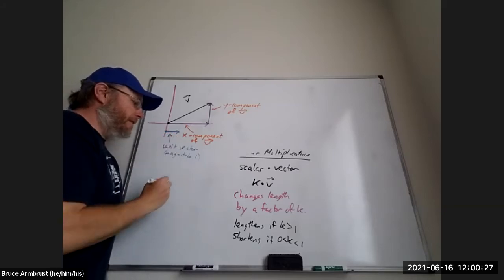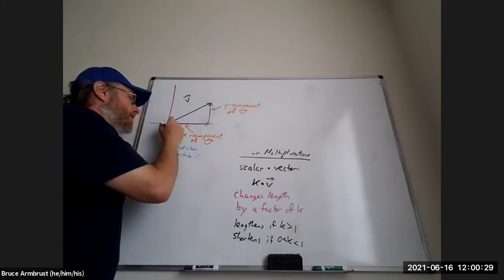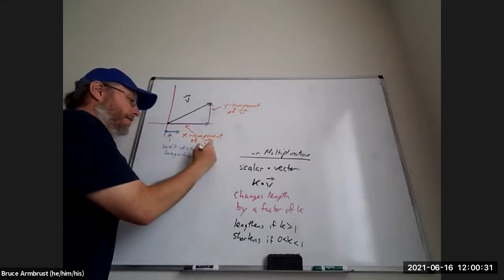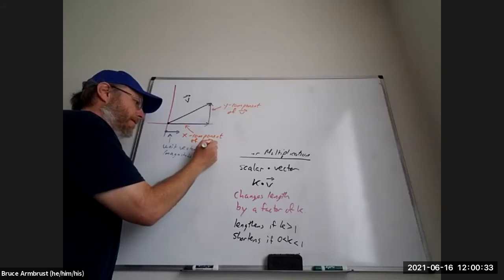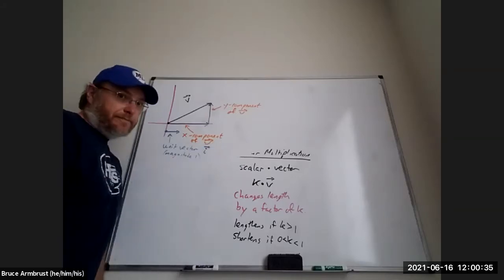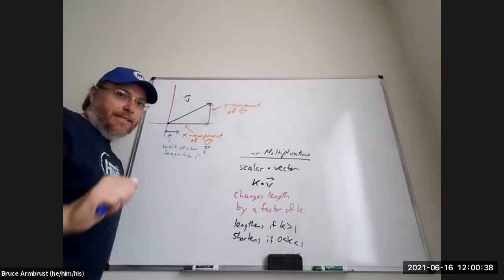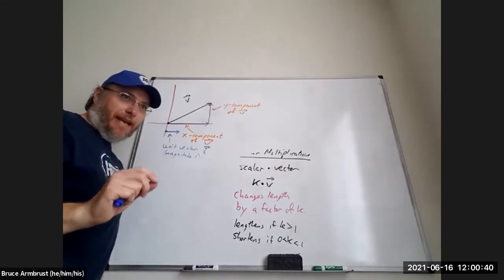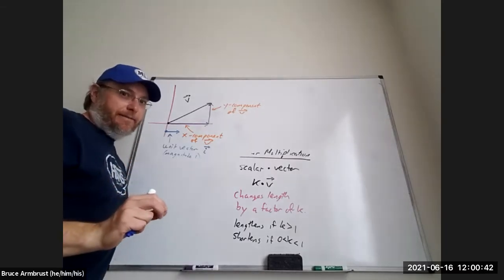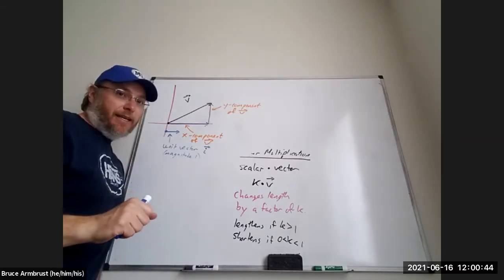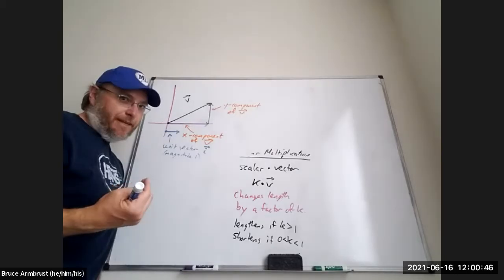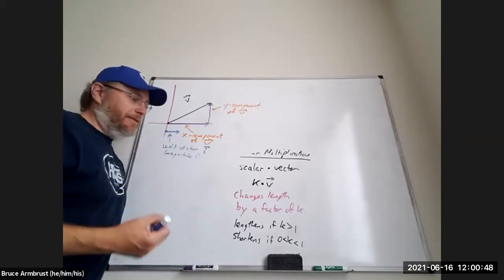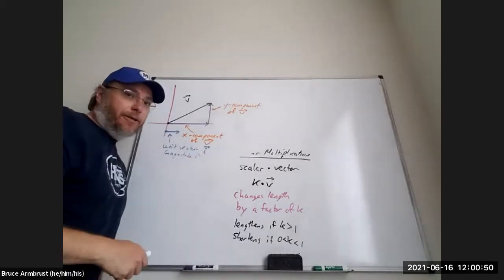This specific unit vector, we call i. Not the same as the imaginary number i. This is the vector i. Don't blame me, I'm not the one who named all these.